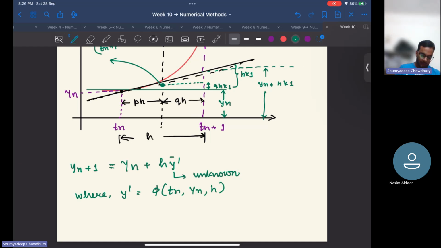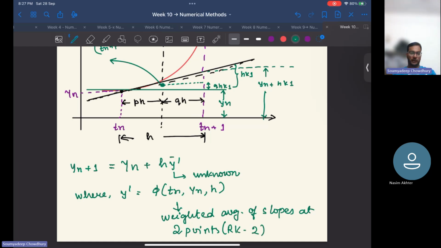So we have to find this y dash. It is the weighted average of slopes, in RK2 at 2 points, Yn and this new point where we are trying to find the slope.